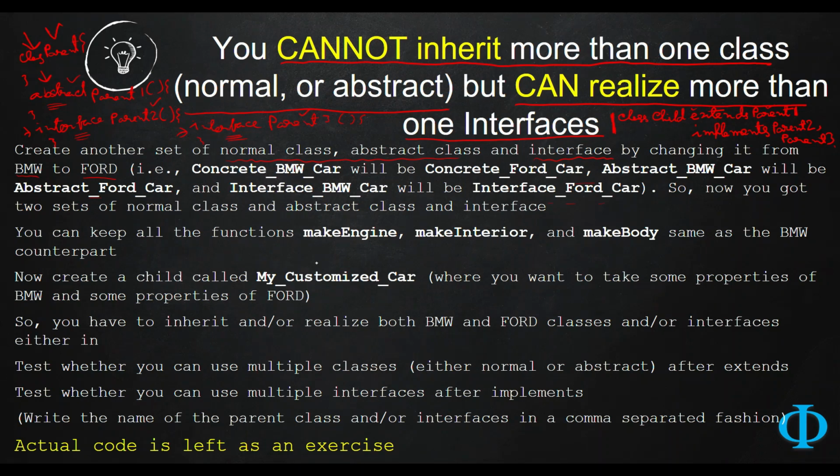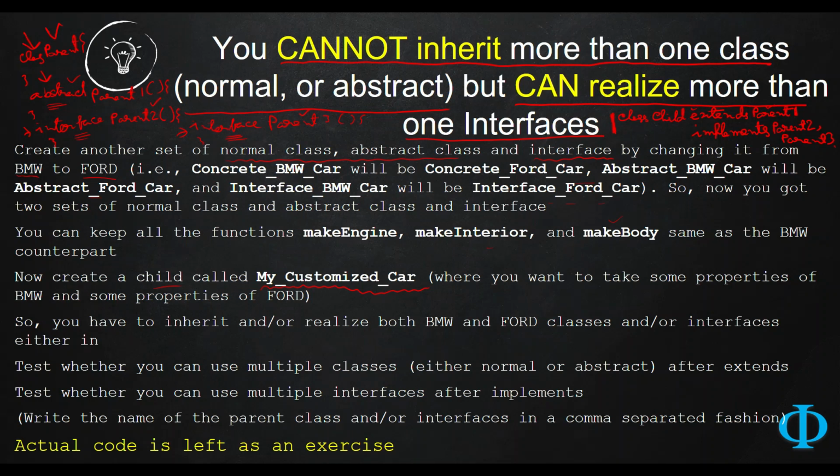Now you can keep all the functions like make engine, make interior, or make body the same as the BMW counterpart, as in your previous exercise or what I have shown you earlier in my videos. After that, create a child called, let's say, my customized car, where you want to take some properties of the BMW car and some properties of the Ford car.